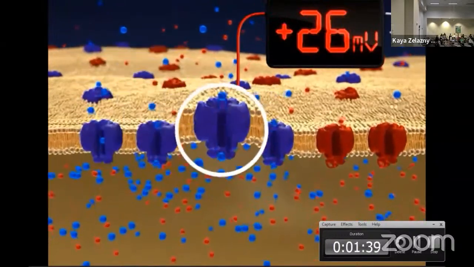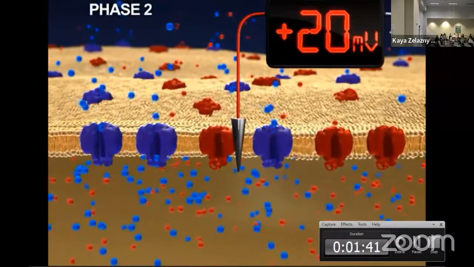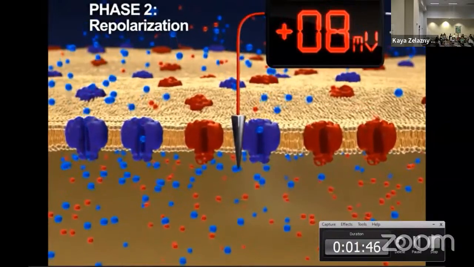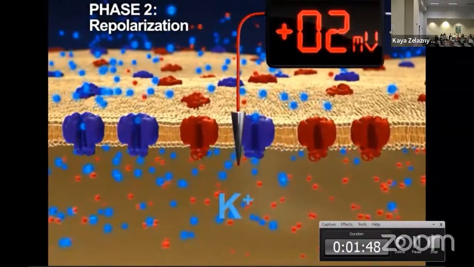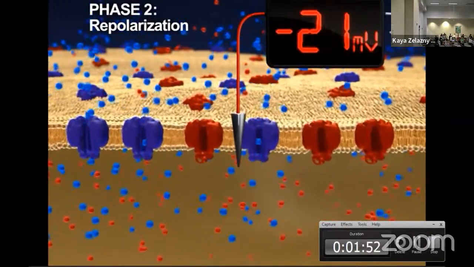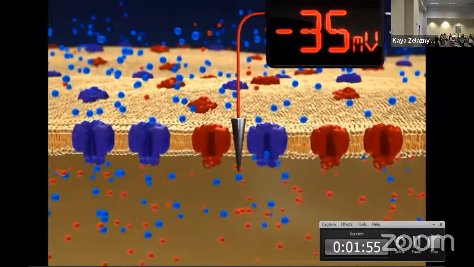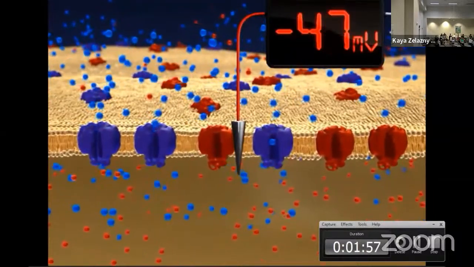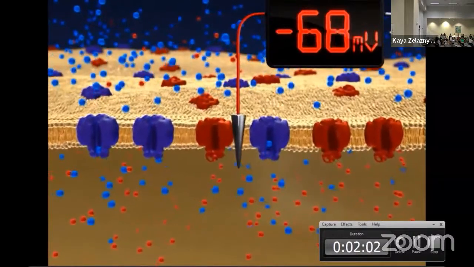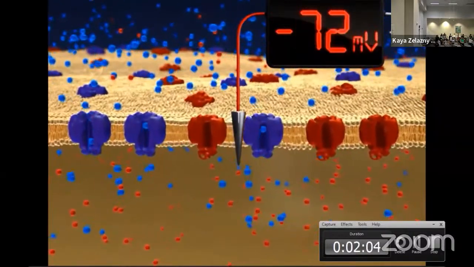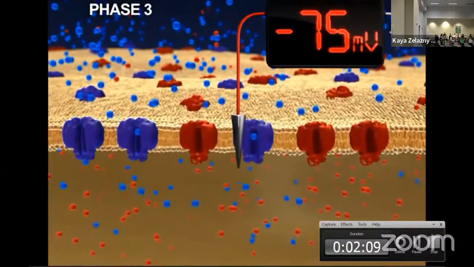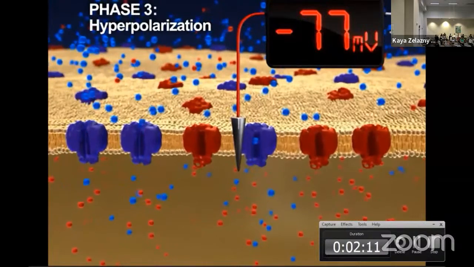These two events mark the beginning of phase 2 of the action potential, known as repolarization. As potassium ions diffuse out of the axon, the membrane potential becomes negative again. However, the membrane potential continues in the negative direction, going beyond the resting state of minus 70 millivolts. This marks the beginning of phase 3 of the action potential, known as hyperpolarization.